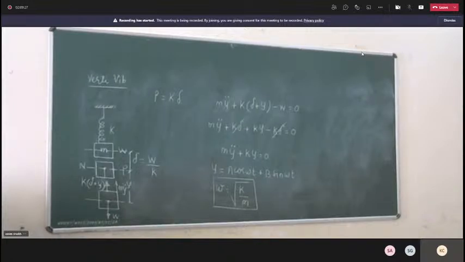Once you get omega, you can find the period, you can find the frequency f, and so on.